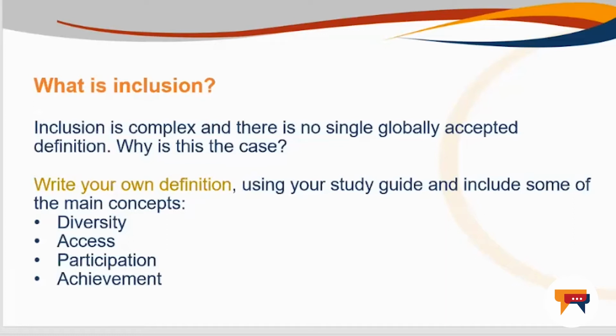It's a very complex and contested concept. Now, you might ask, why is this the case? The reason for this dilemma really is that we approach inclusive education from very different philosophical approaches, very different models of what disability is.